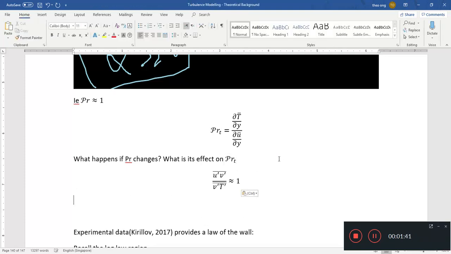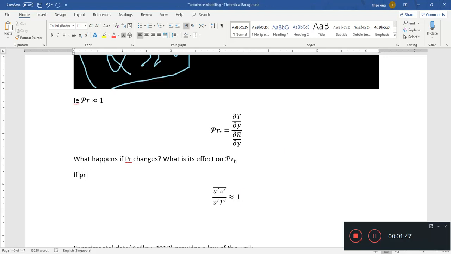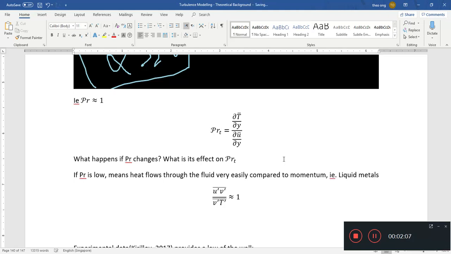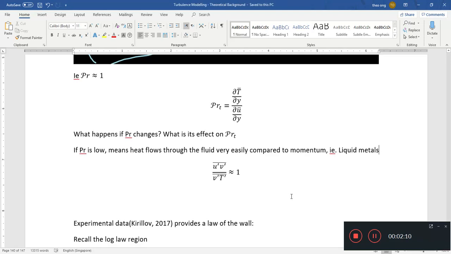If your Prandtl number Pr is low, it means heat flows through the fluid very easily compared to momentum, i.e. liquid metals. So this is an ultra low Prandtl number fluid like liquid sodium, liquid lead, etc. What will happen to the temperature fluctuations, T prime?